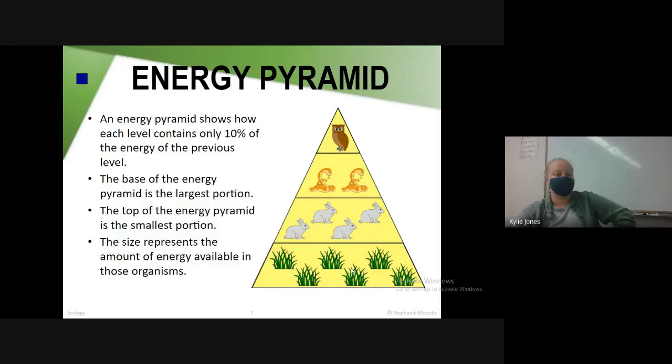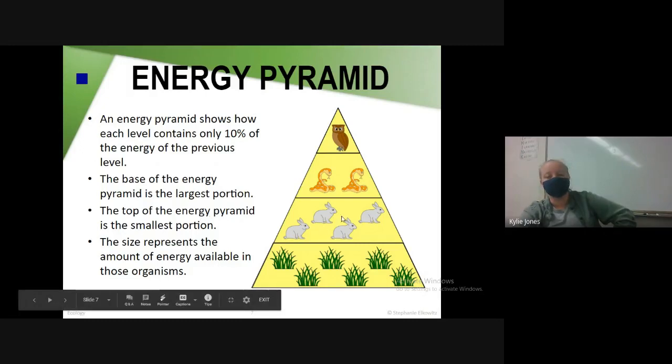So as you go up, the amount of energy in these animals gets smaller. The base of the energy pyramid is largest. The top of the energy pyramid is the smallest portion. The size represents the amount of energy available in those organisms. So you can even see it with the size of the pyramid itself. The boxes and the levels get smaller, which shows that the amount of energy is getting smaller as you go up.